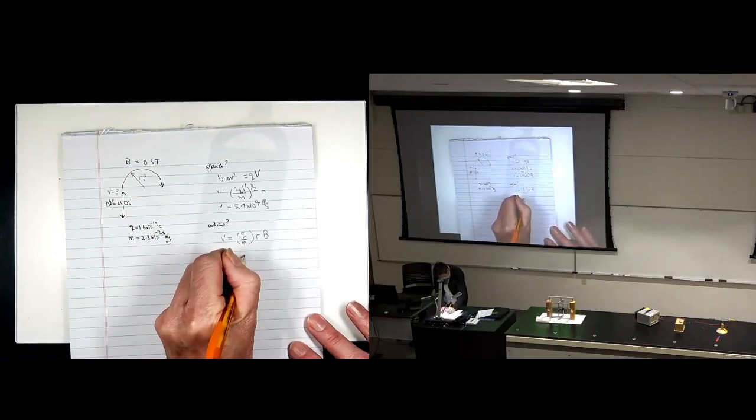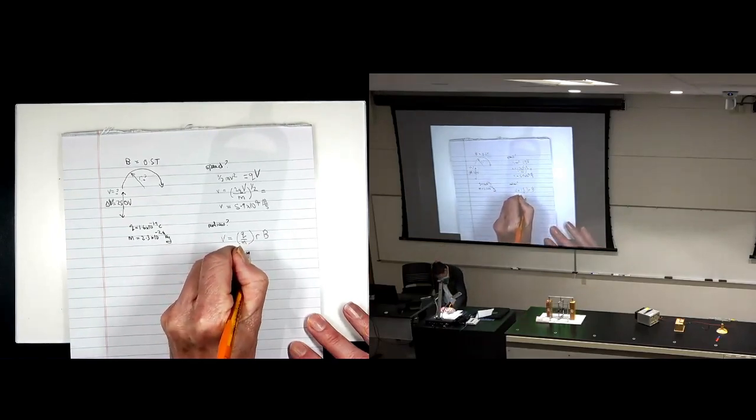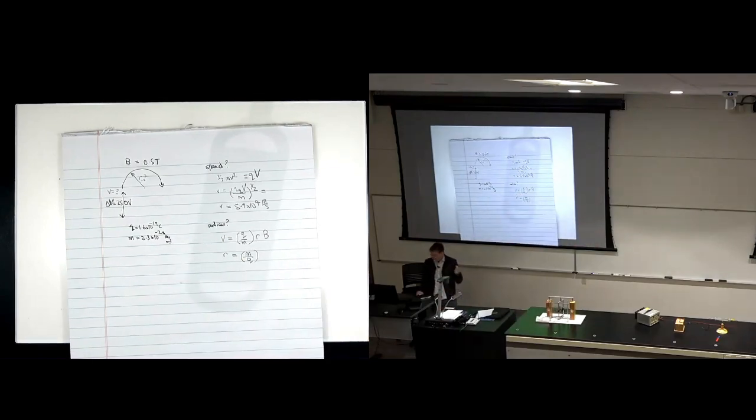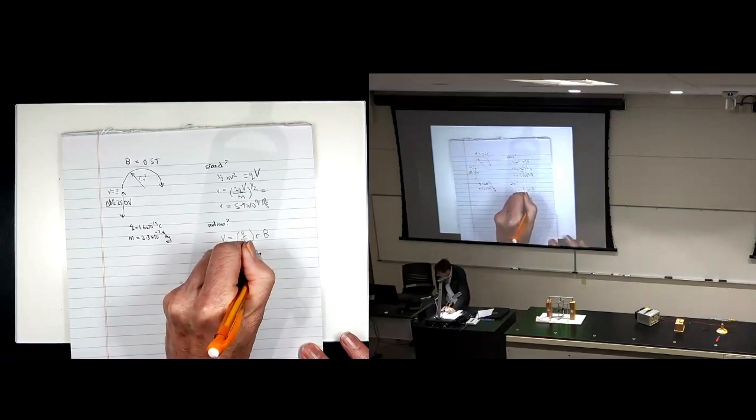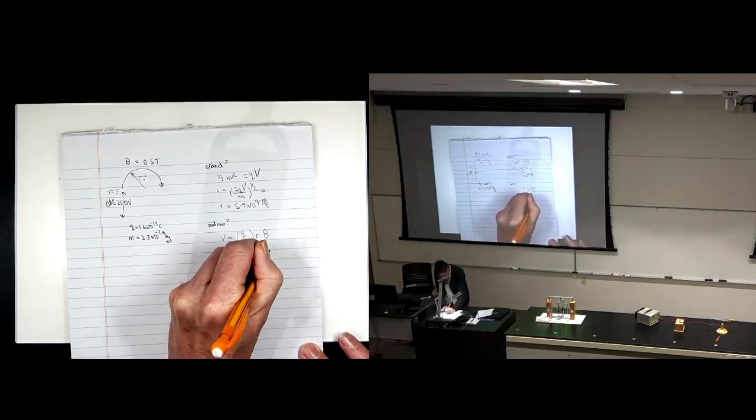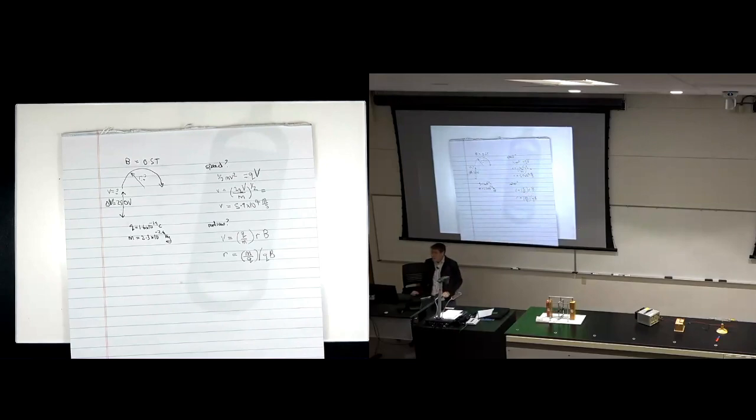If we rearrange it, we've got m over q rather than q over m, but it's still the characteristics of the particle, divided by qB. Again, every number here I know. I know the speed is 59,000 meters per second.